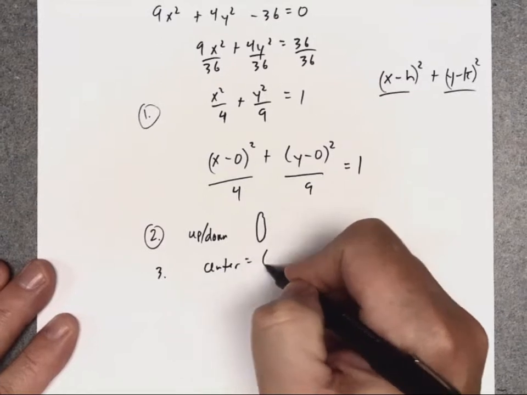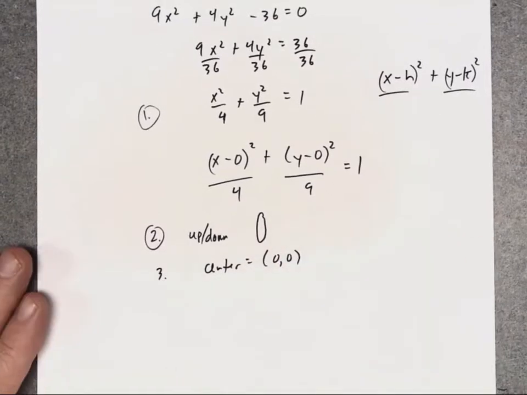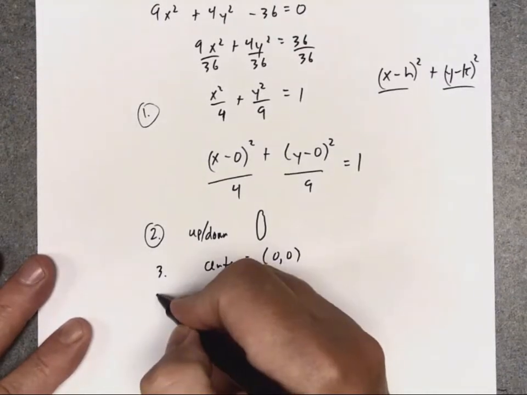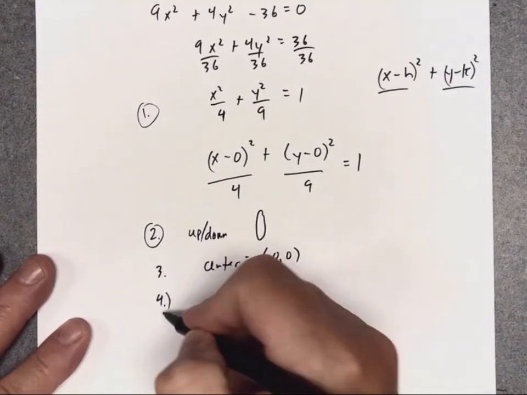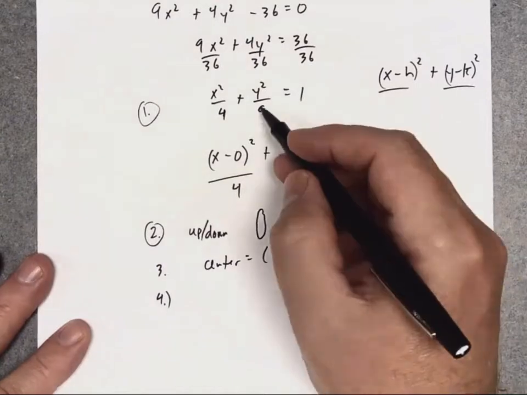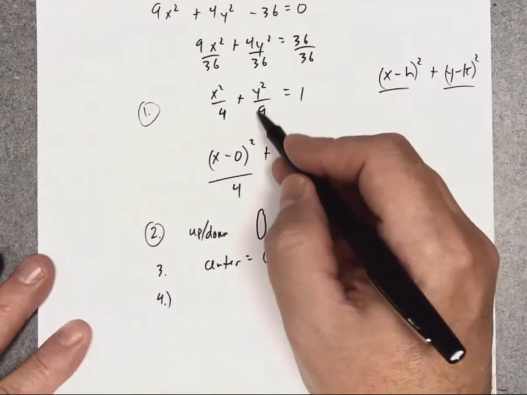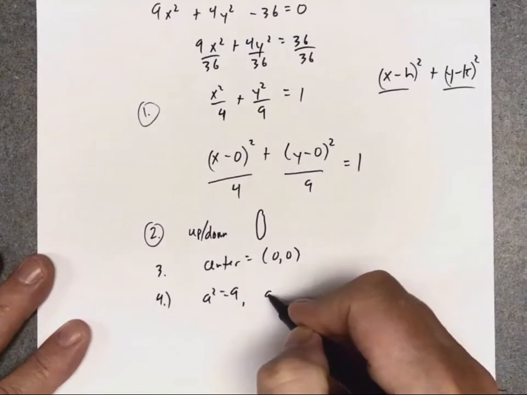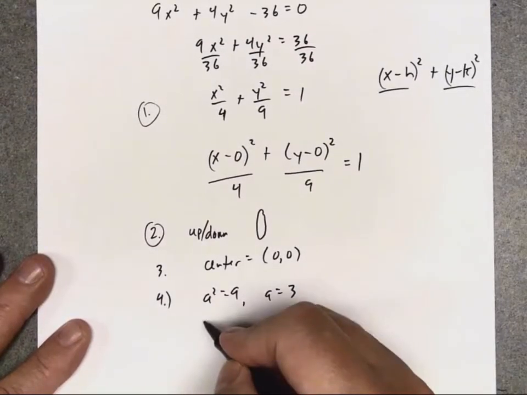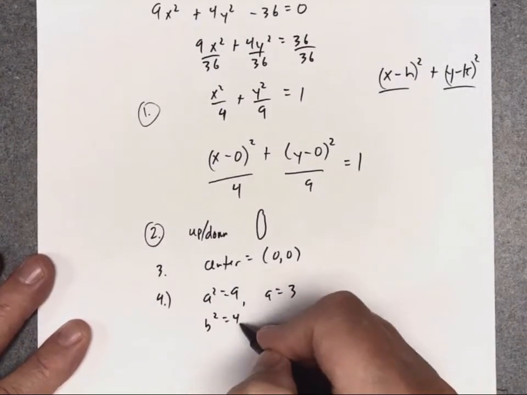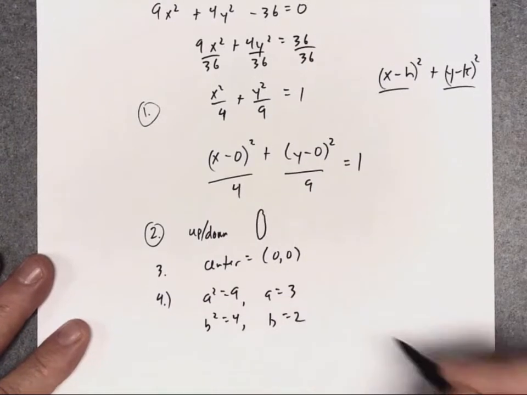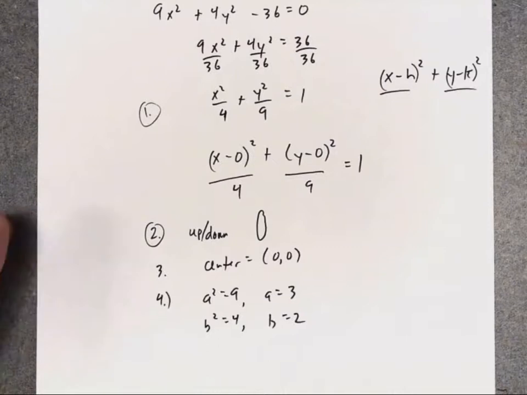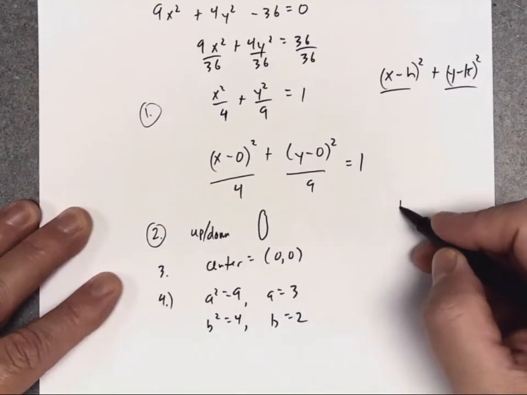The center is actually going to be at the origin. Let's just figure everything out and then we'll graph it. So now the a is always the larger denominator. So a squared is 9, which means a is 3. b squared is 4, which means b is 2. So now I have everything I need to sketch this ellipse.